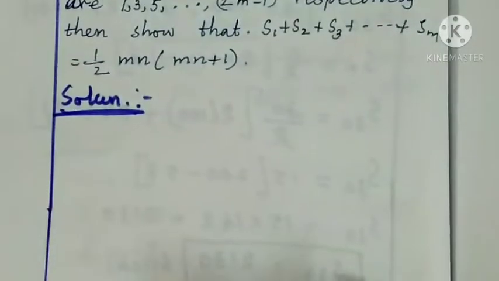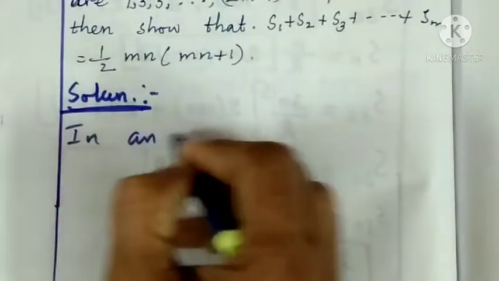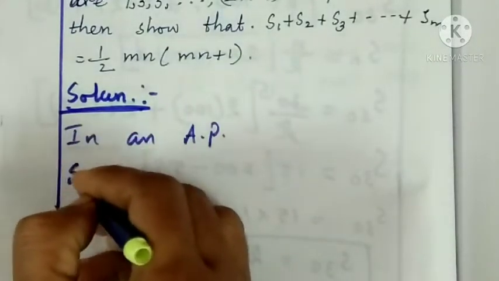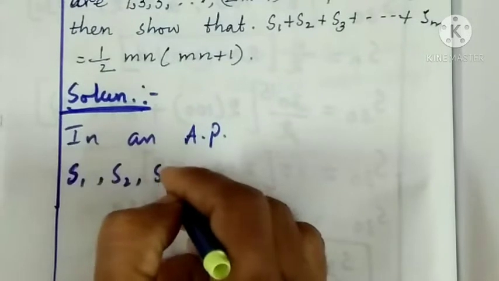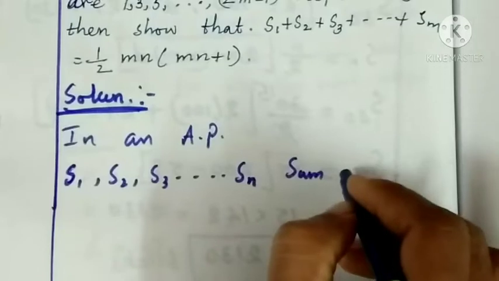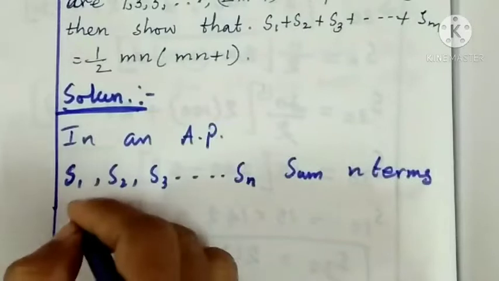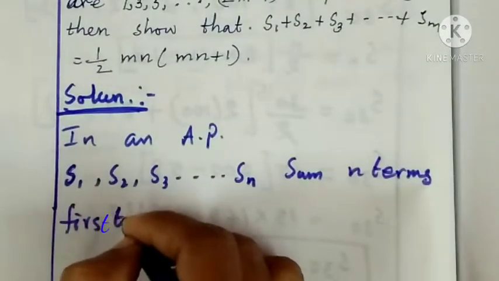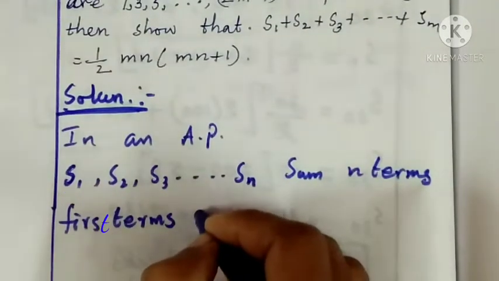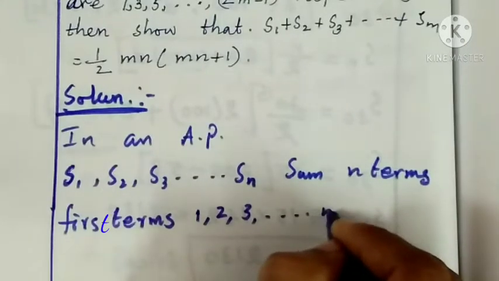In the solution, first you take down and write the given. That is, in an AP, S1, S2, S3 up to Sm are sums to n terms. Then the first terms of the given respective APs are 1, 2, 3 up to m.